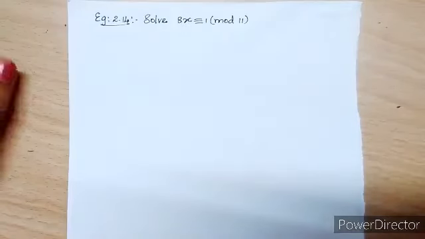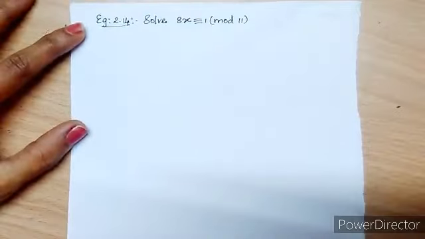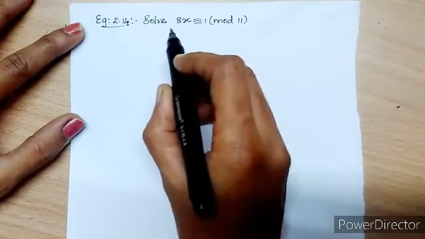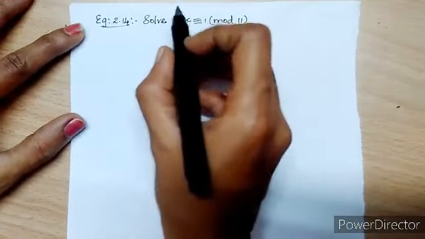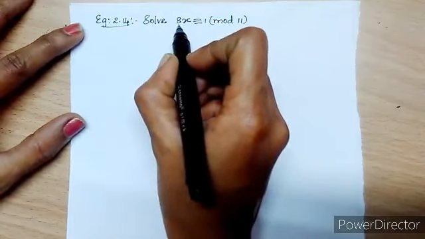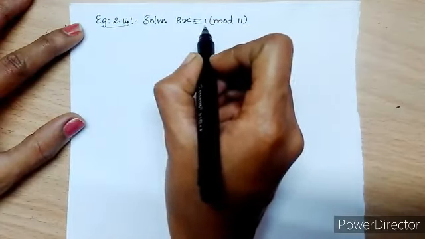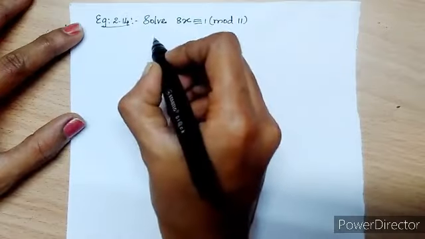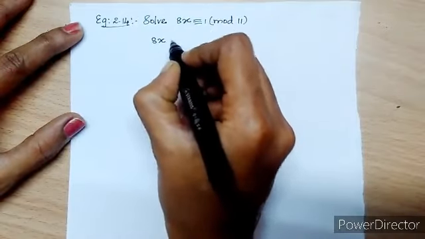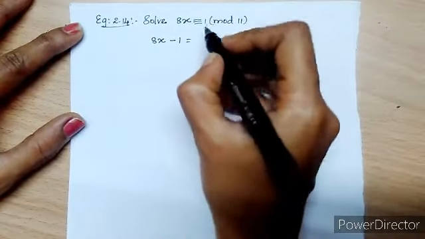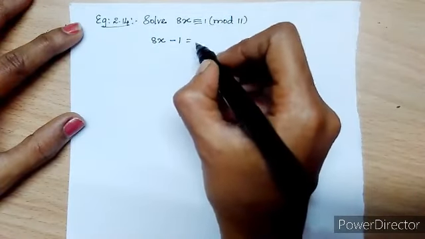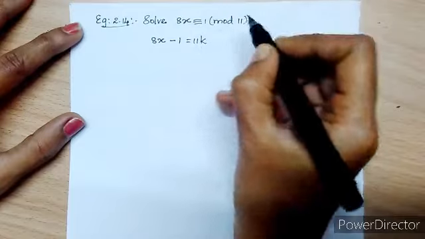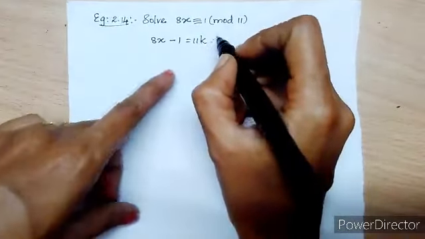Example 2.14. Solve 8x congruent to 1 mod 11. Here we have to find the value of x. We know that 8x congruent to 1 mod 11 can be written as 8x minus 1 equal to 11 into some k, for some integer k.